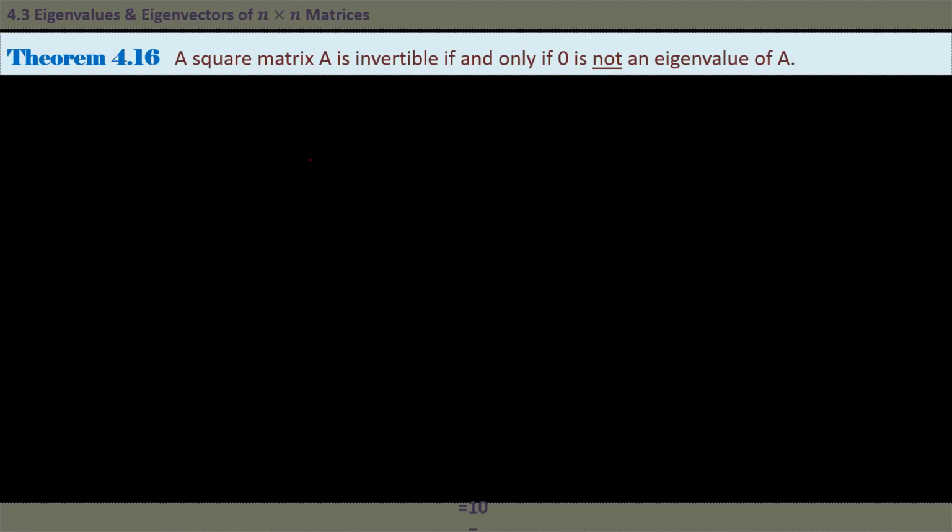We know that A is invertible if and only if, and this iff means if and only if, the determinant of A is not equal to 0.